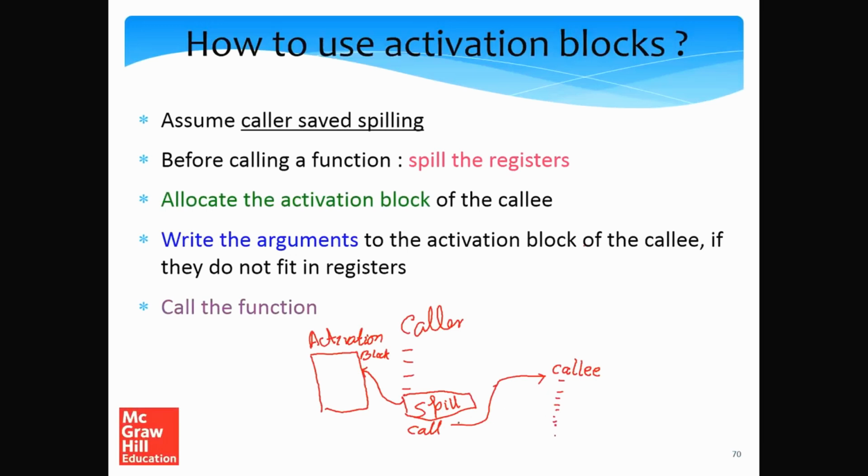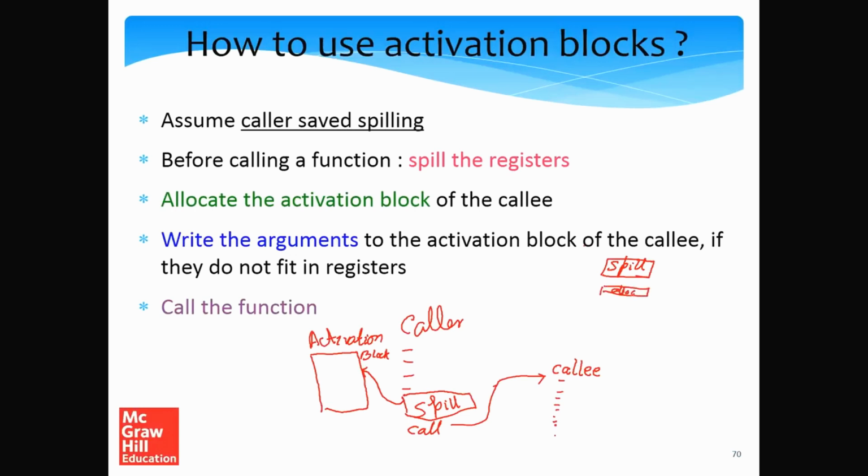Before the caller calls the callee, one more thing that it can do: this is one example where the arguments are being passed via registers, but we can alternatively also pass them via the activation block. So in this case, we spill the registers, then the caller allocates an activation block for the callee.